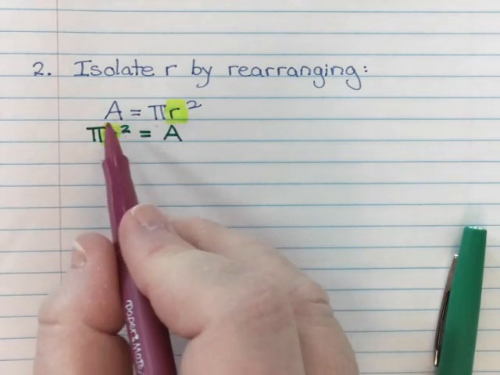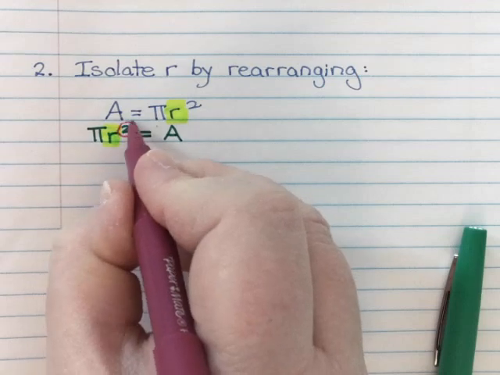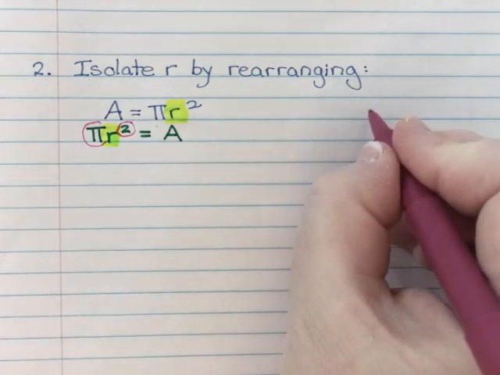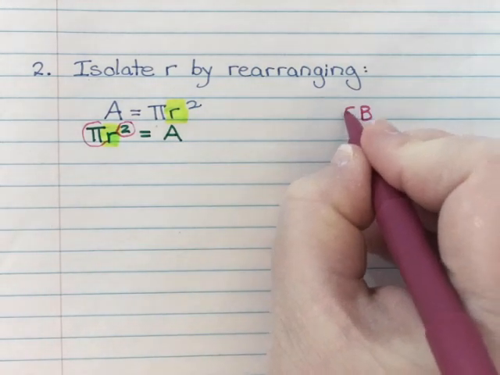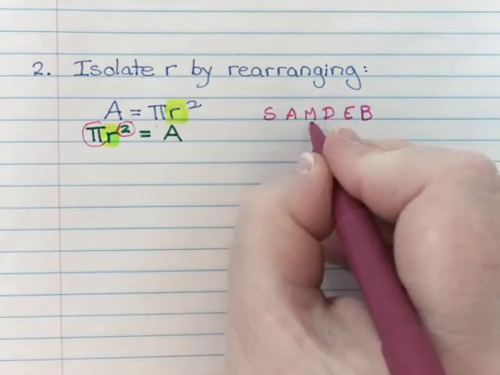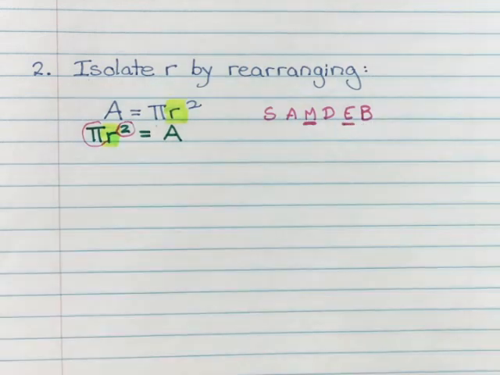So I'm going to look at what's going on this side. I have an exponent and I am multiplying by pi. So when you are rearranging, if I'm doing my reverse order of operations, I notice that multiplication should get moved before exponents.